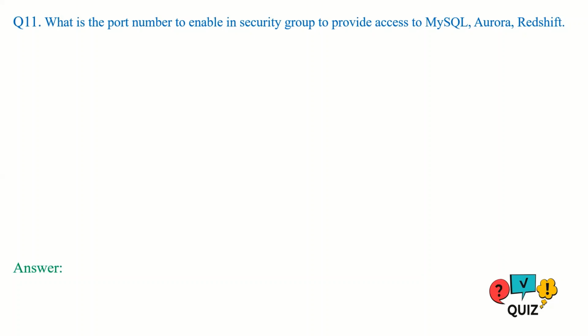Yes, that is correct. 3306 is for both MySQL and Aurora. Any idea for Redshift? Redshift uses a different port number. 5439, sir, I think. Yes, that is correct. Very good. MySQL as well as Aurora use port number 3306. Redshift will be using 5439. That's good.